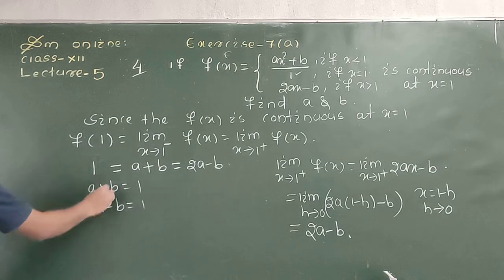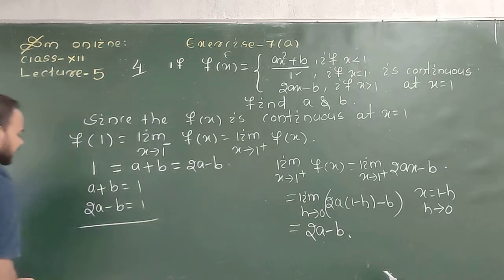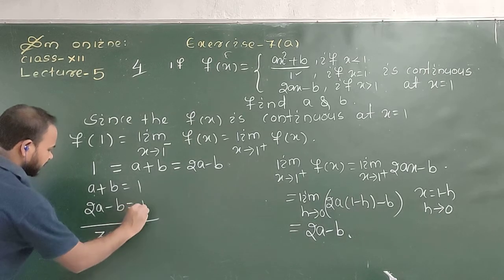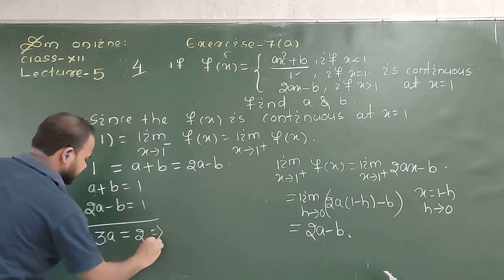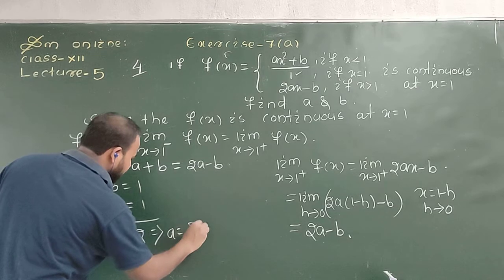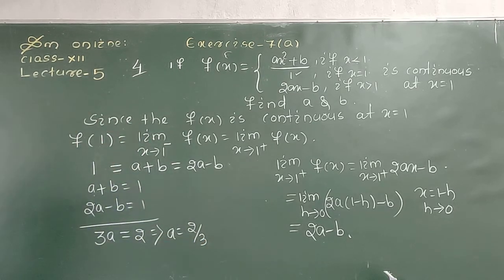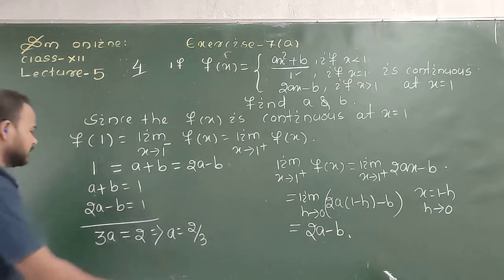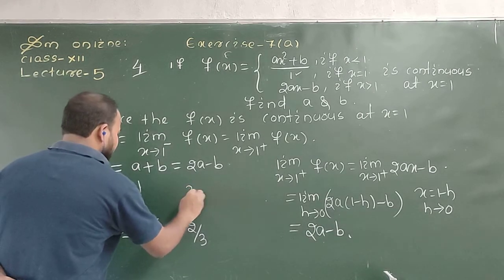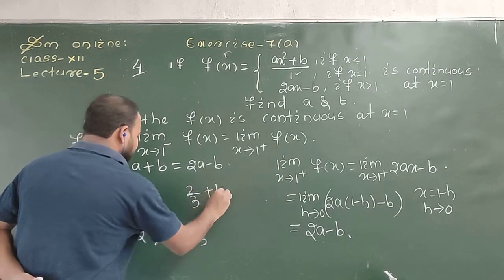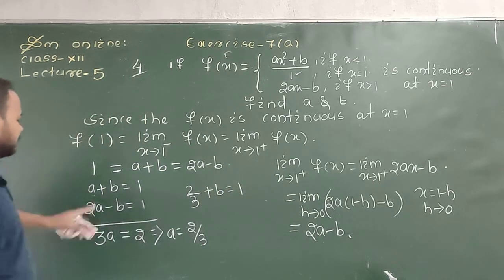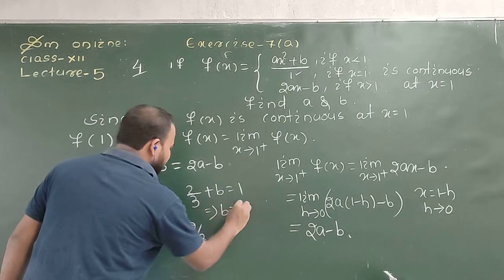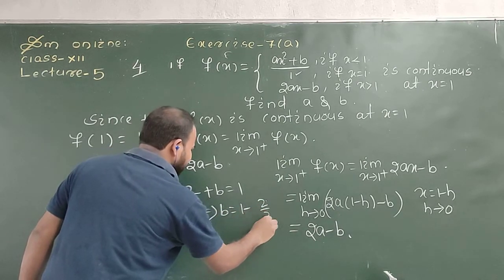Clear? Adding the equations, b minus b cancels and we get 3a equal to 1 plus 1, that is 2, which implies a equal to 2 by 3. Putting the value of a in a plus b equal to 1, we get 2 by 3 plus b equal to 1, which implies b equal to 1 minus 2 by 3.